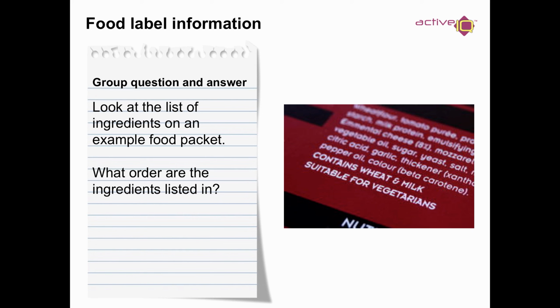Some of you might already know this, but the order they come in is essentially by how prevalent that ingredient is in the product. If I'm looking at a tin of tomato soup, for example, I want tomatoes to be the first ingredient on that list because I'm expecting the vast majority of that product to be made up by tomatoes.